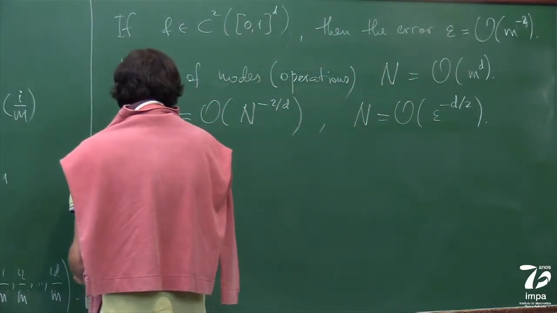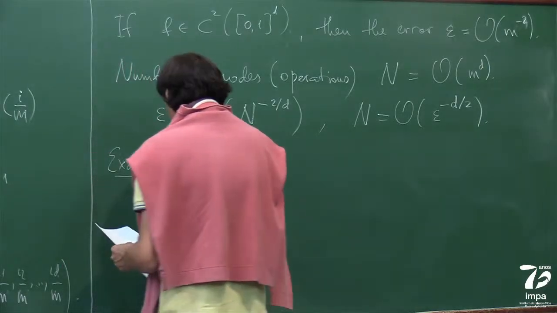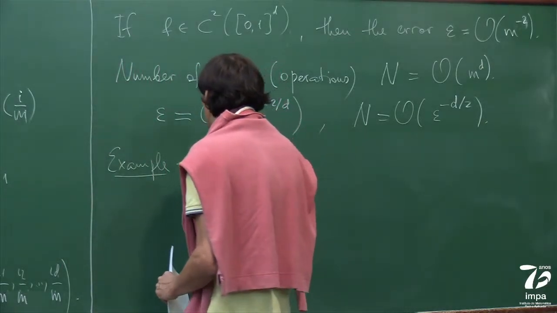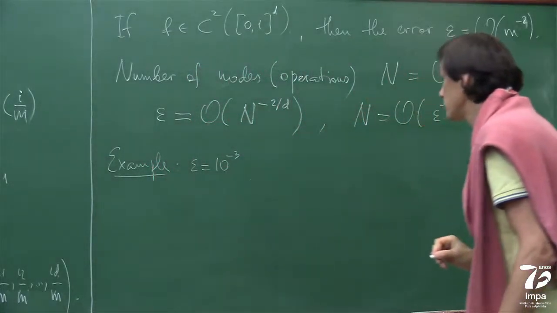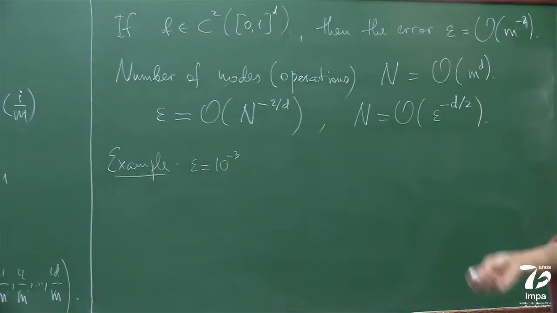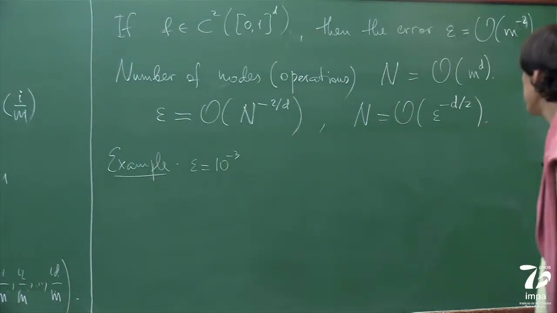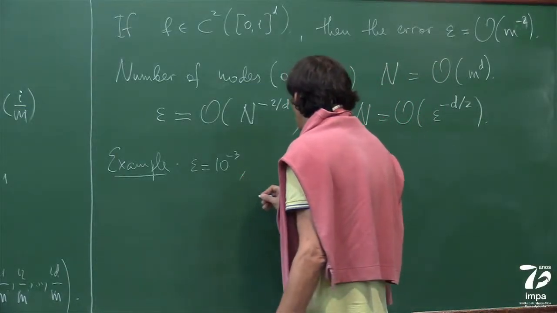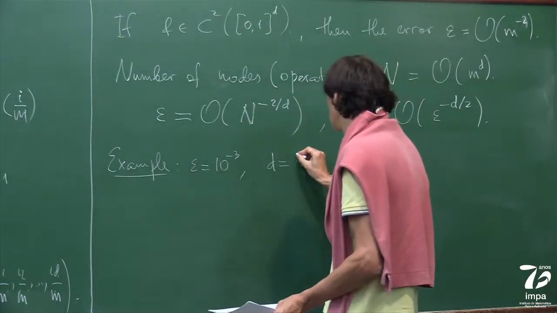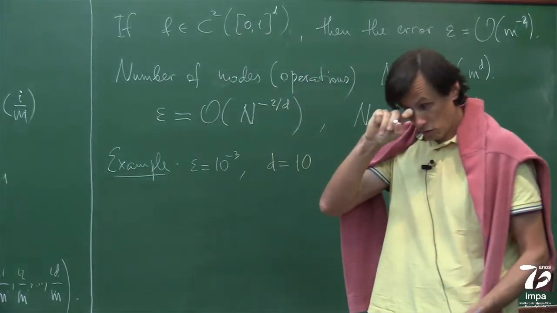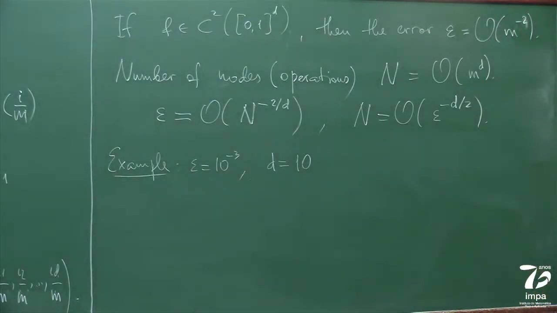For example, imagine that you want a reasonable error, like 10 to the minus 3, like 0.1%, and you want to compute an integral in dimension 10. It's not difficult to imagine a situation when you want to do it, some integral with respect to 10 different parameters.